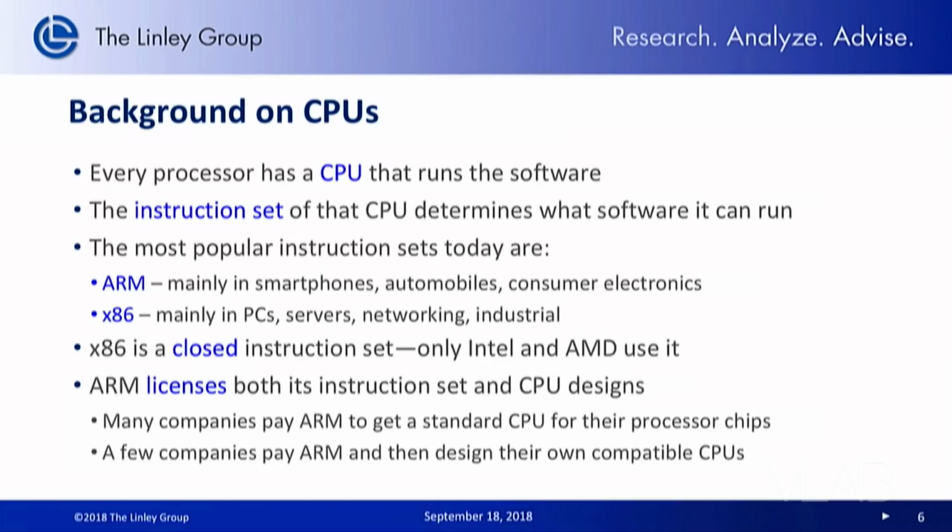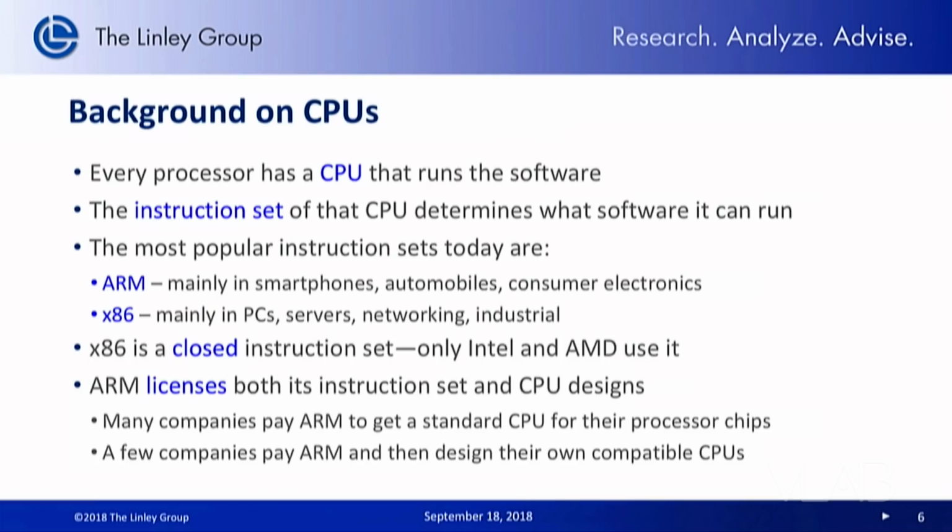The most popular instruction sets, which you've probably heard about today, are ARM, which is in pretty much every smartphone, as well as in a lot of automotive processors and consumer goods. And then Intel has the x86 architecture, which appears in almost every PC, in server processors, and in some other equipment.